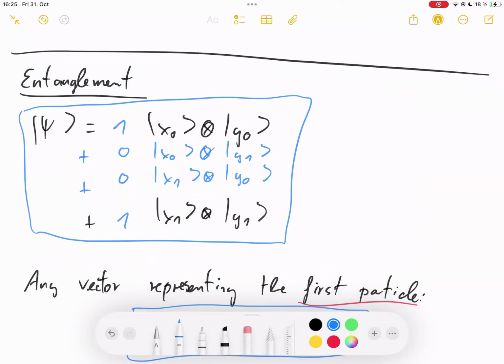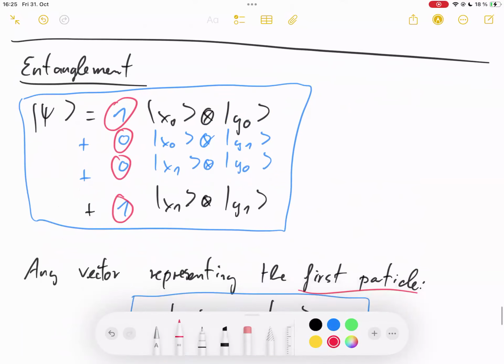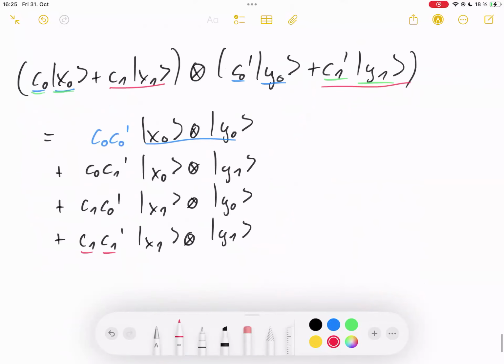So what I would actually want is to get this one and this one and this zero and this zero. Meaning from my generic one, I want this one as a 1, this one as a 1, but these two I want as zeros.